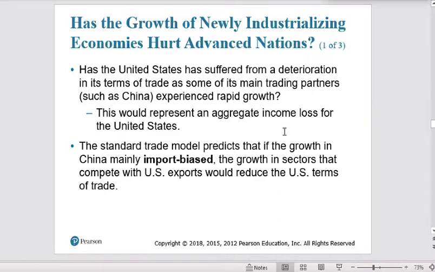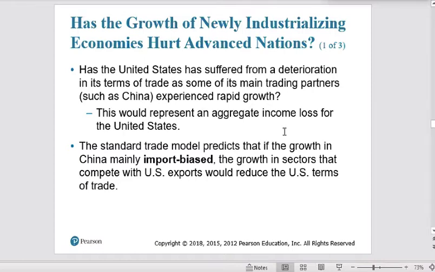But when we look at the data, we don't really see that, and we can actually provide a good explanation for why the growth in the newly industrialized countries is actually good for advanced countries like the US, the European Union, and Japan, for example.